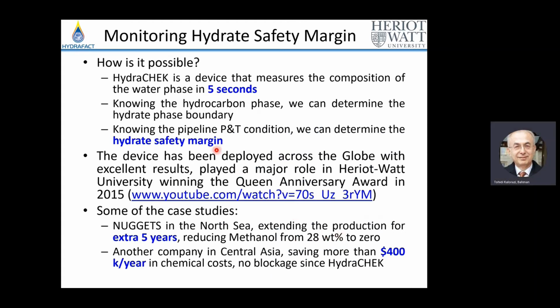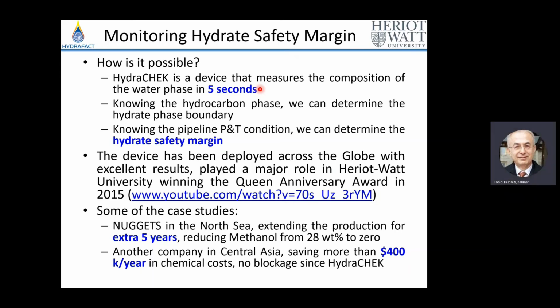How is this possible? How can we do this? A device we have developed, HydraCHEK, determines and measures the composition of the water phase in 5 seconds. So we take a sample. We don't need to send it to a lab.